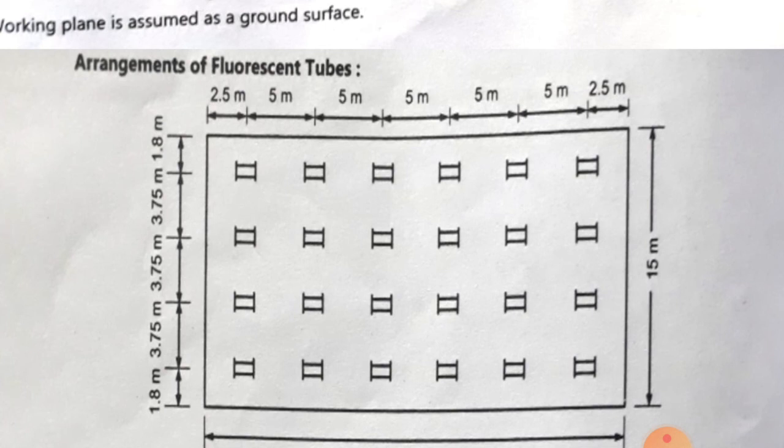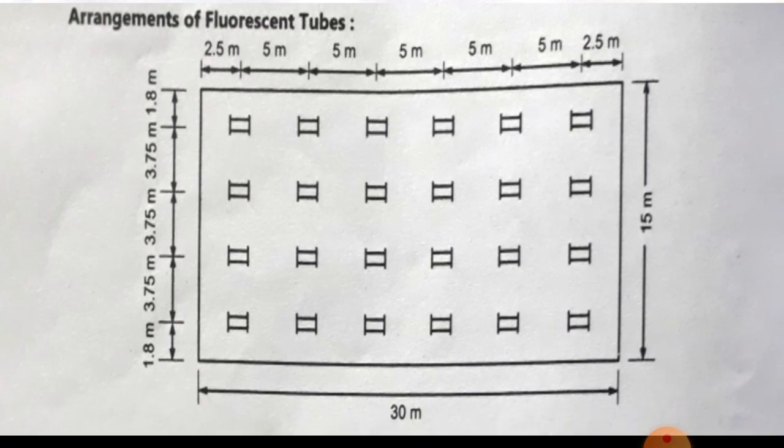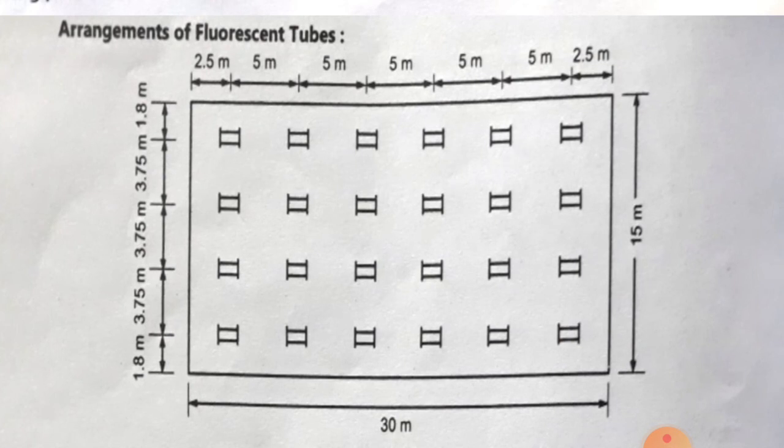Now for the 48 tubes, in the length side there are 6 twin tubes placed, and along the width side 4 twin tubes are placed. Twin tubes means 2 tubes in one set.